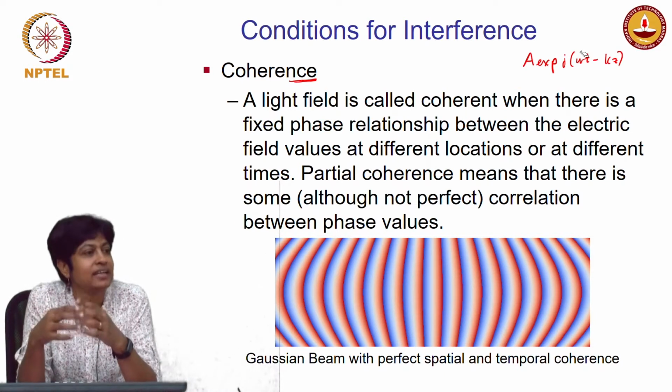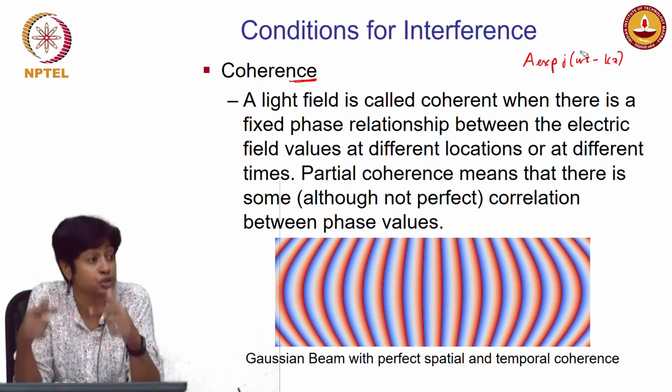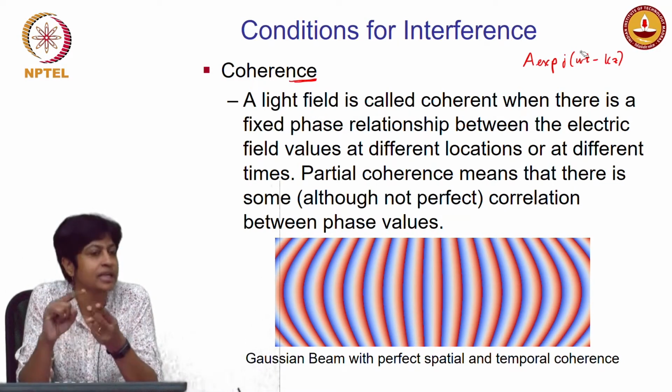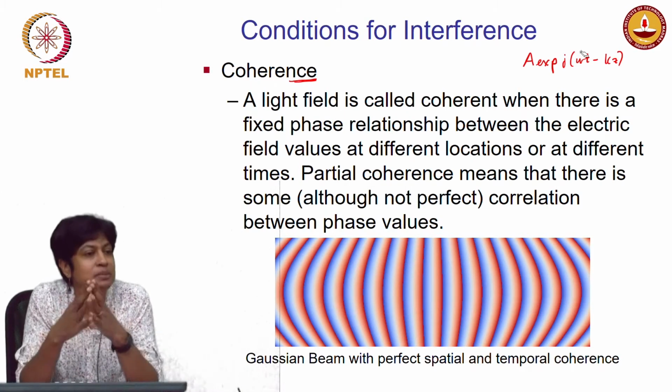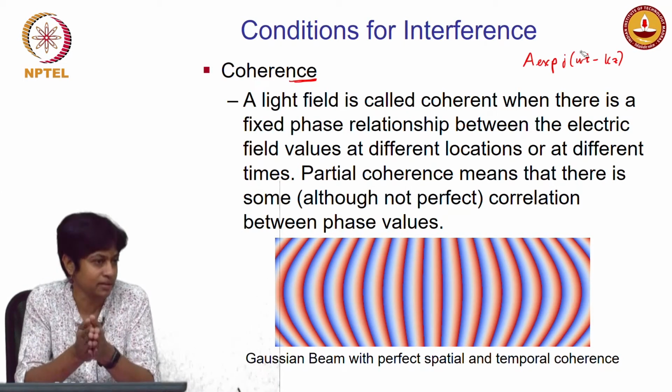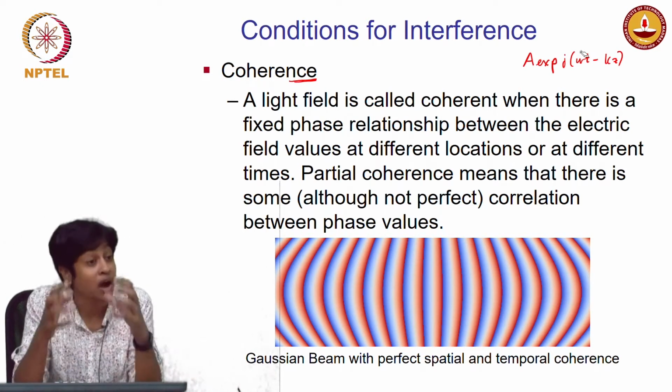The fact that I can write out an expression like this, and this expression will hold true for all time t and for all z, means my wave is behaving in a consistent way. And really, coherence is talking about how consistent.